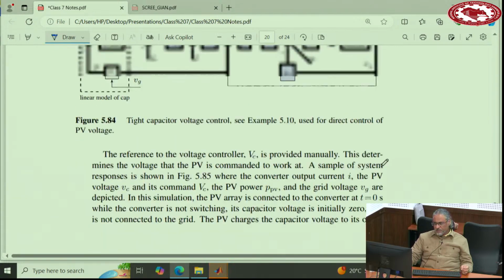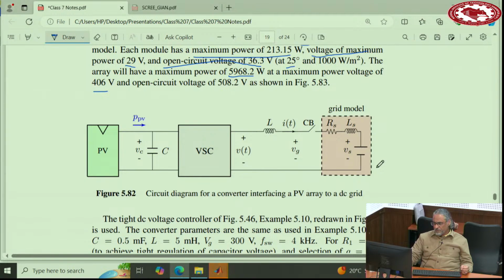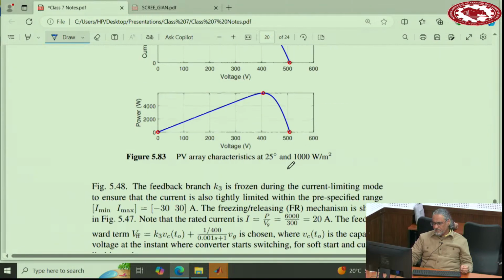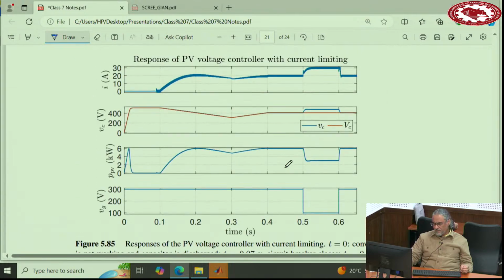The circuit breaker that connects the panels to the capacitor. Is it this one or this one? I think it's this one. This closes. Okay, at this point, we are feeding 0 power.